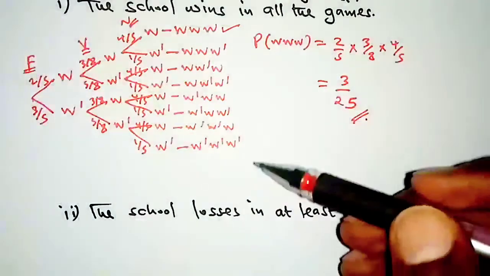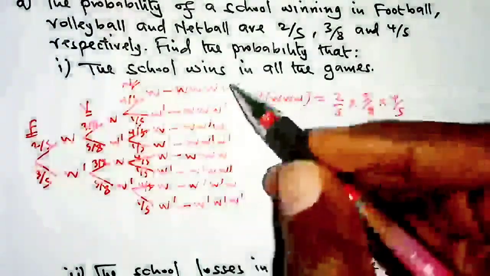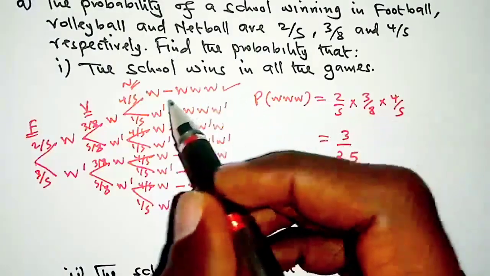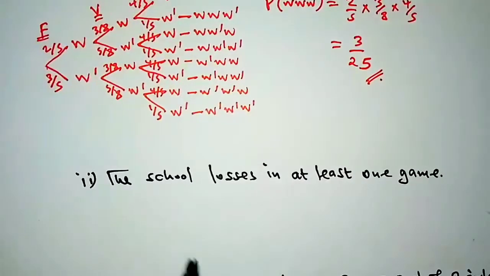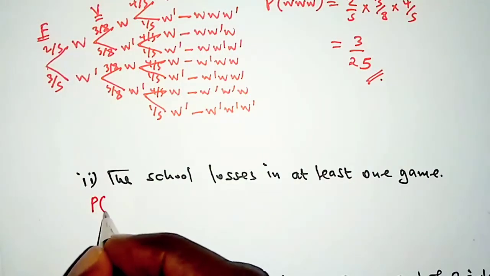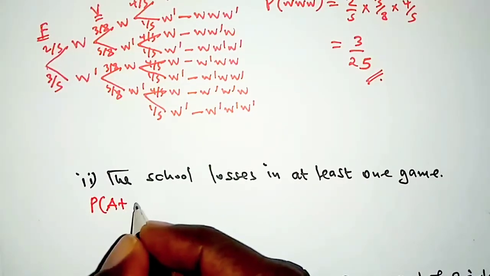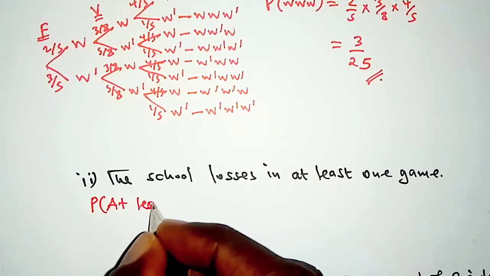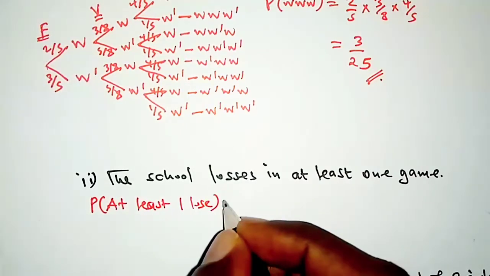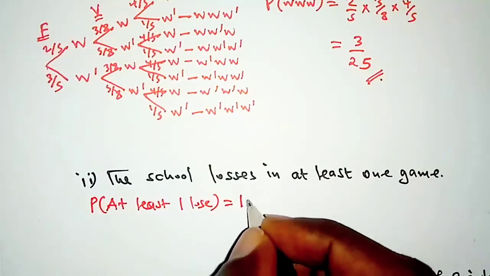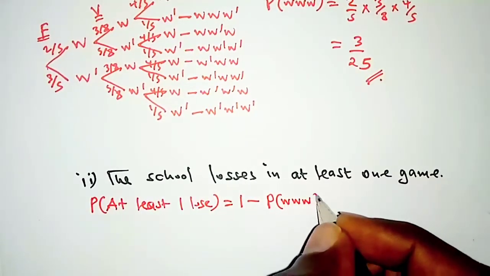But the shortest way of doing this is by considering the probability of winning in all the games, and then you subtract from 1. So the probability of losing at least 1 game, so at least 1 loss, is equivalent to 1 minus the probability of winning in all the games.